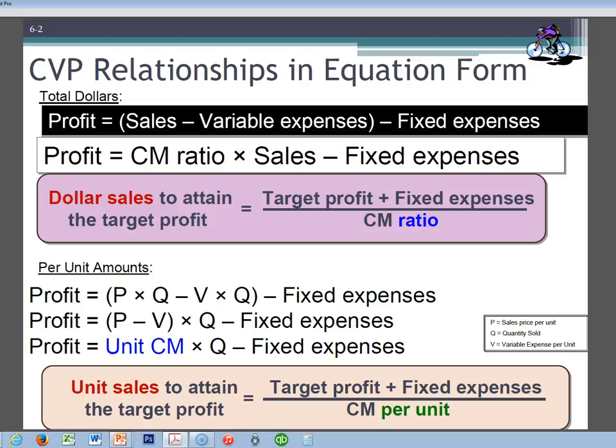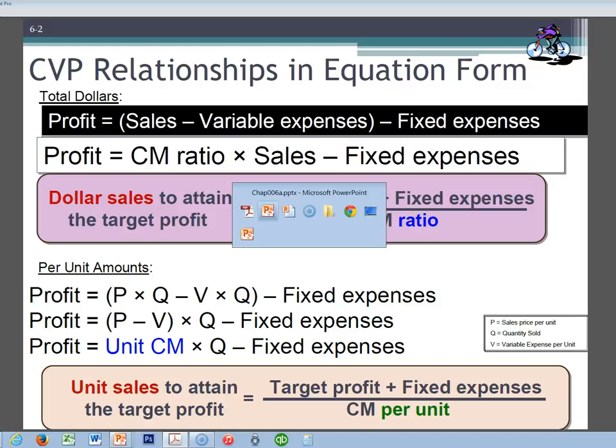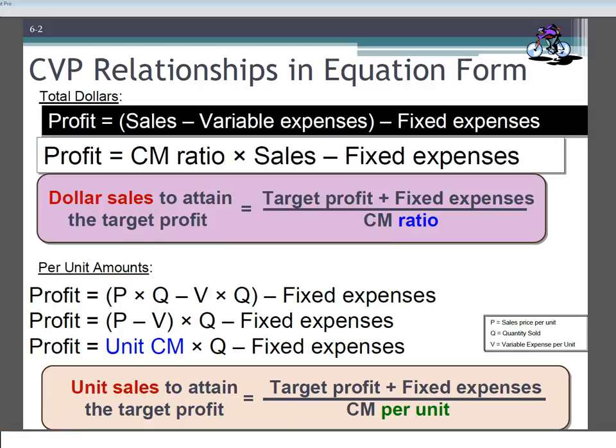And what's more interesting is that that equation is, in essence, the contribution format income statement simply expressed as a formula or an equation. More on that in just a bit, but my advice is that you actually have this handout with you handy, either printed out or on a separate screen if possible, while you're viewing the lecture video for Chapter 6.